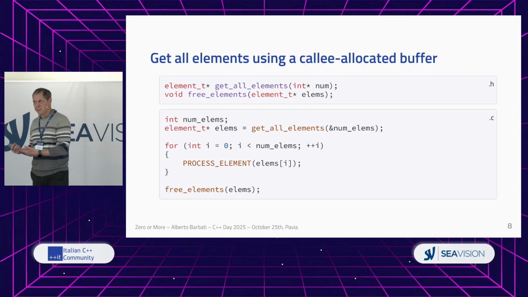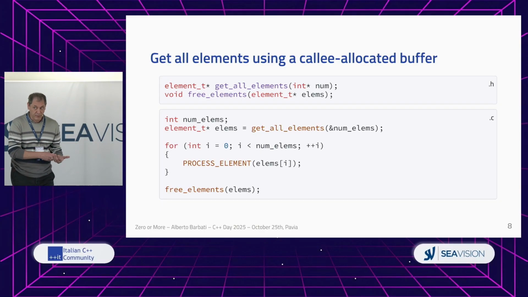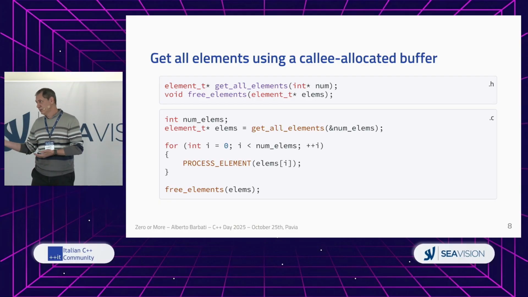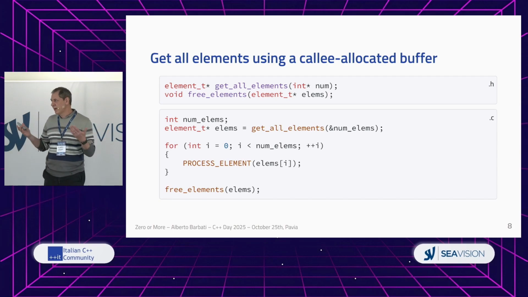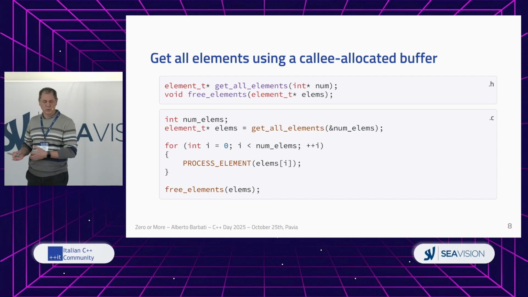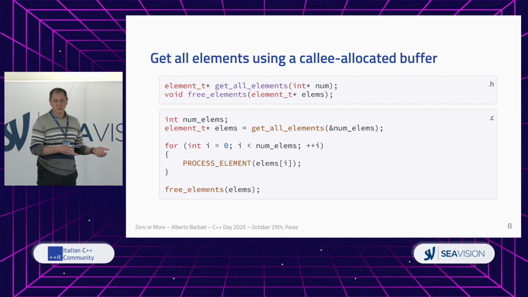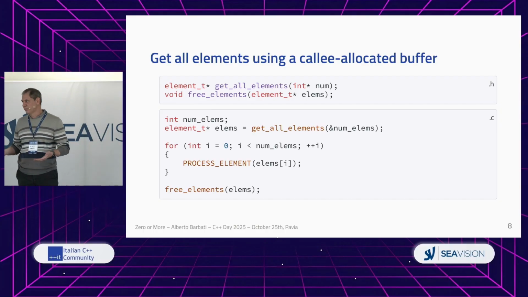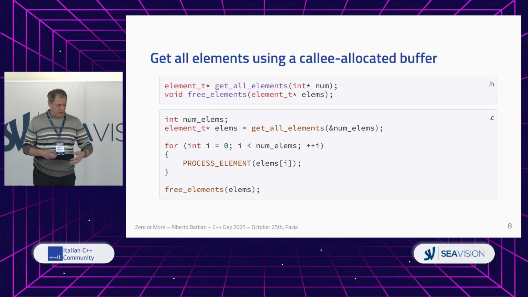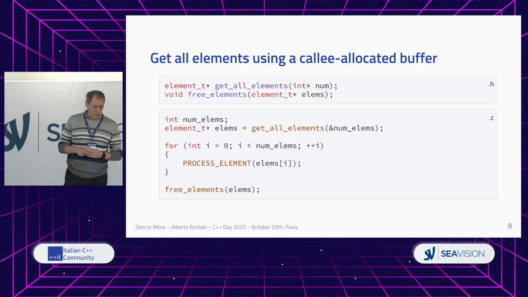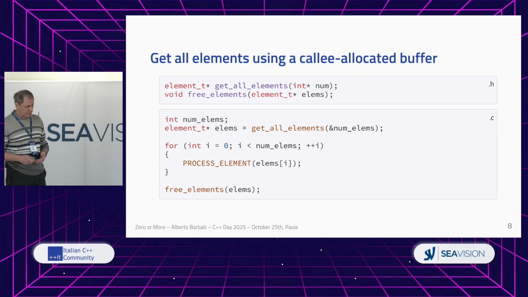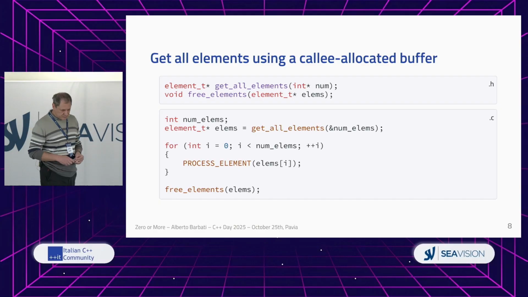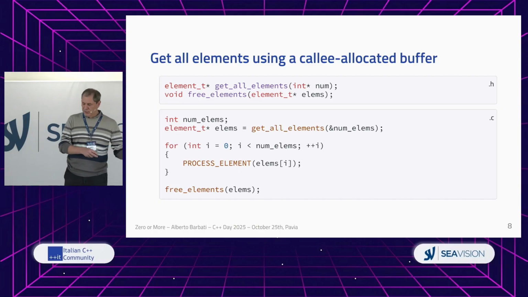However, the problem here is that we must remember to free the buffer. We may document that the buffer is allocated with malloc, and so we can deallocate it with free, but the best thing is to provide a function to free the buffer so that the caller can provide the correct cleanup for this buffer.